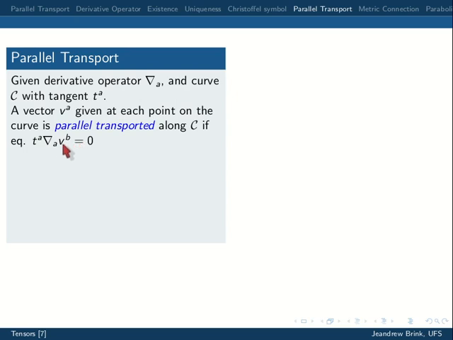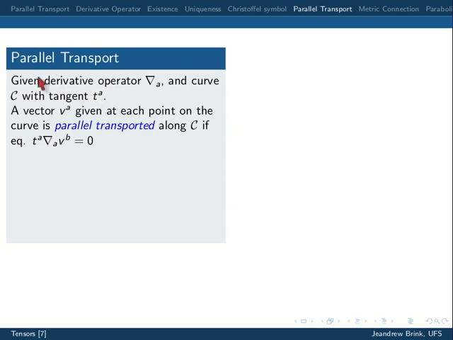In other words, if the directional derivative associated with the tangent of the curve, applied to the vector, is 0, then you're parallel transporting. So that's our very clear definition of when a vector does not change.